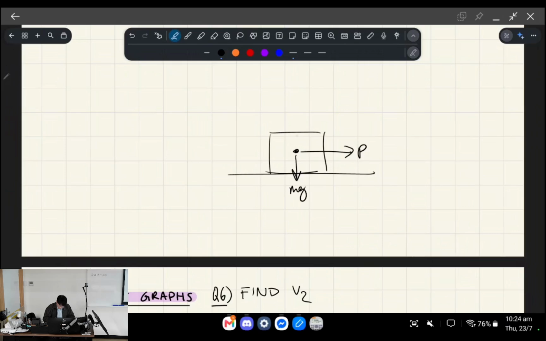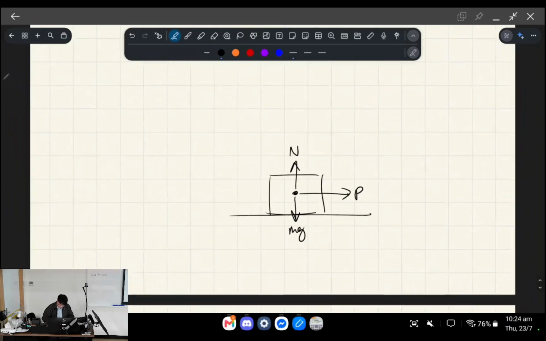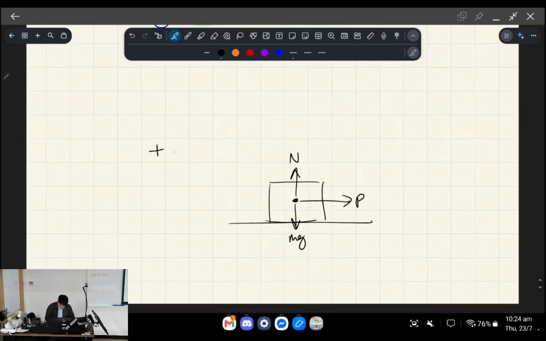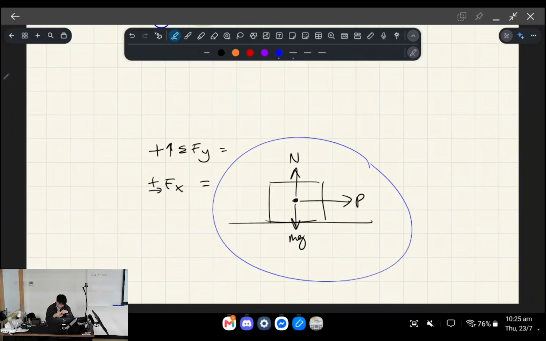You've got mg and you've got N. The thing is, we treat the vertical forces and the horizontal forces slightly differently, okay? If you looked at this and thought about it in terms of the forces which are applied, is the box moving up and down, or is it in equilibrium?